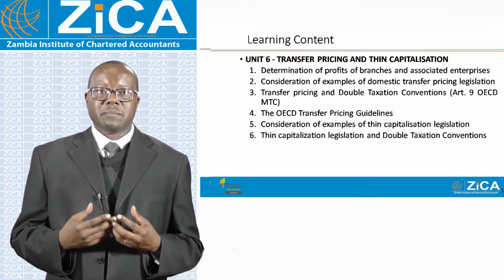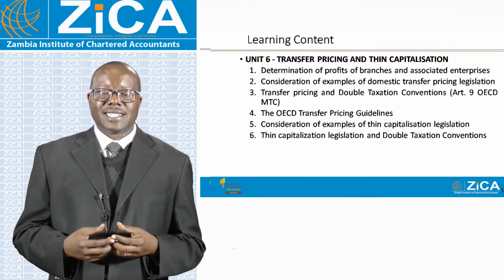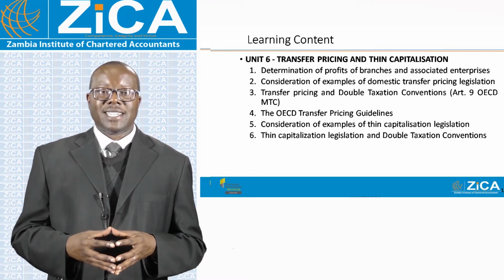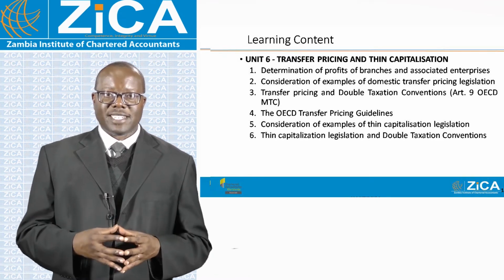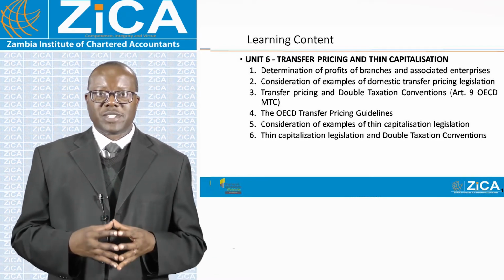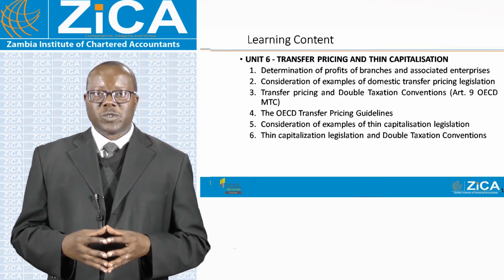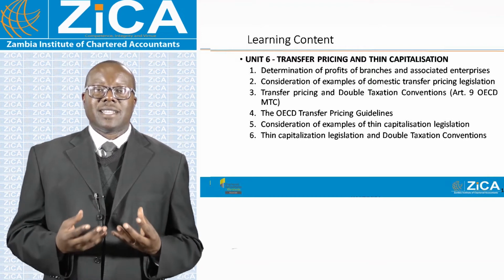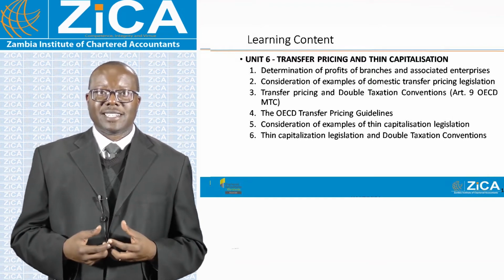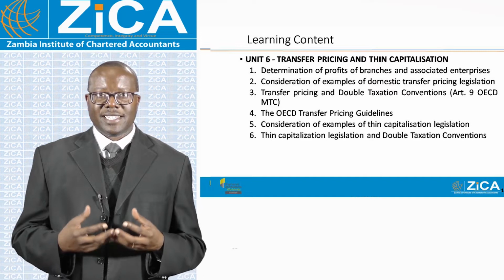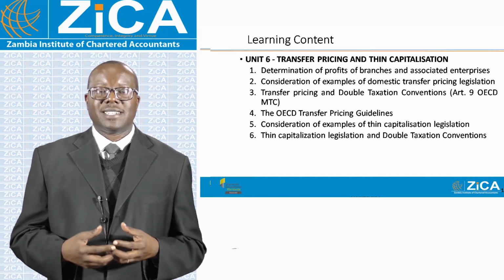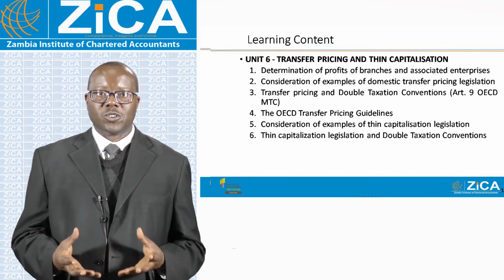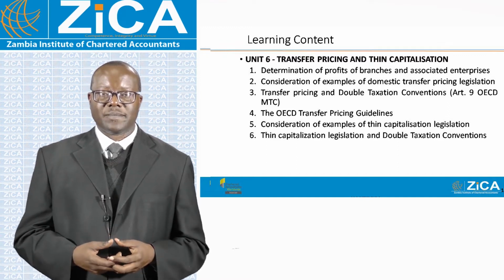These loans may be made at interest rates which are inflated to ensure that a huge amount of profit is remitted out of Zambia to elsewhere through interest charges. Again, international tax legislation prohibit the use of such transfer pricing policies of inflating interest rates on loans to related parties.